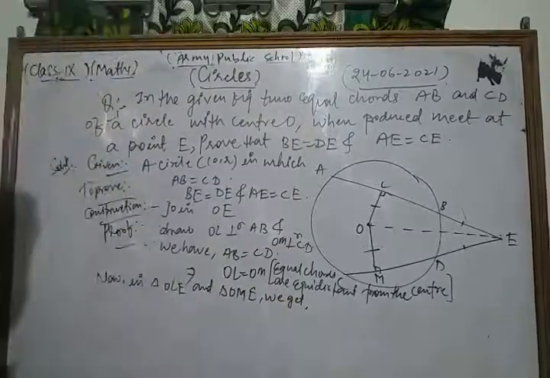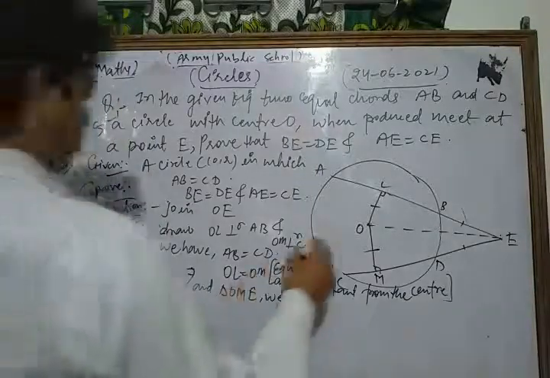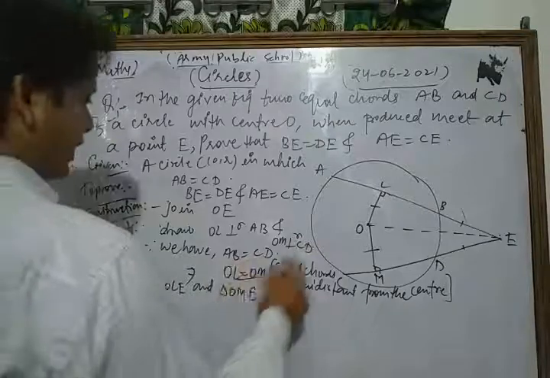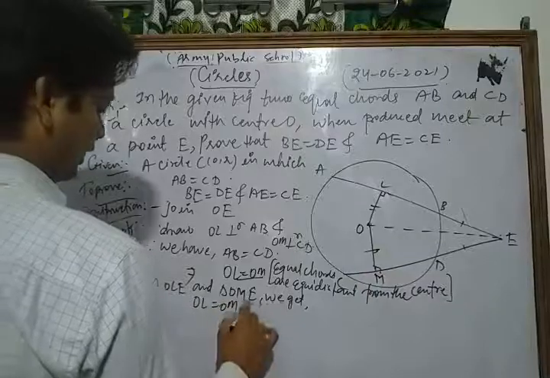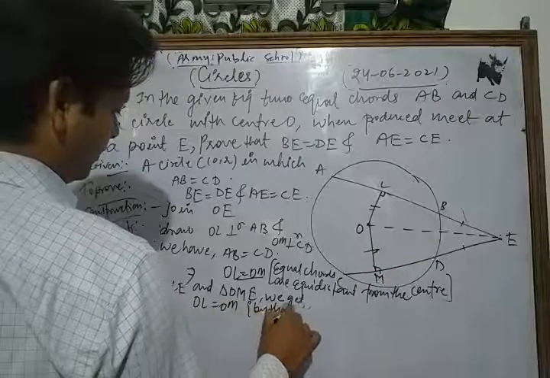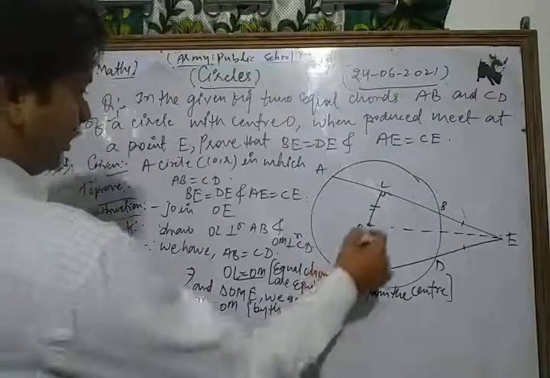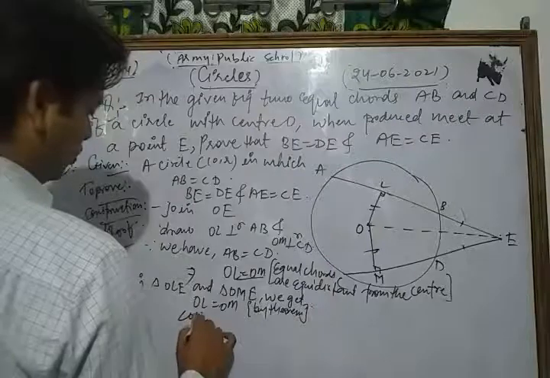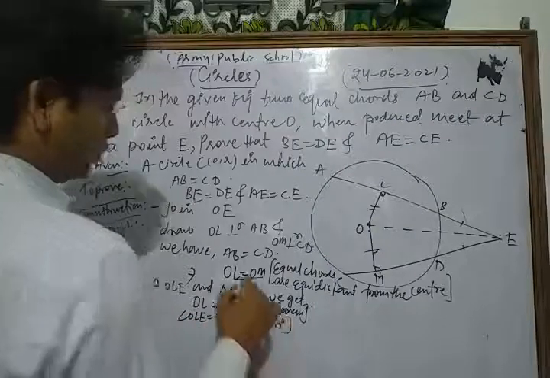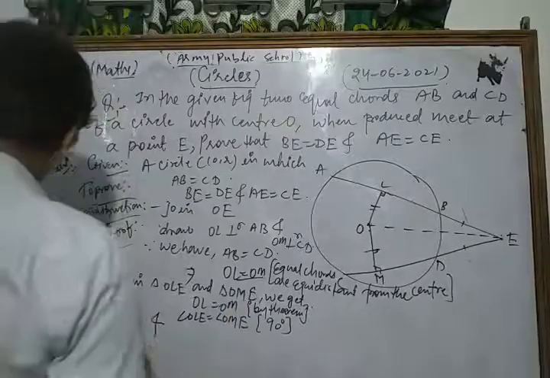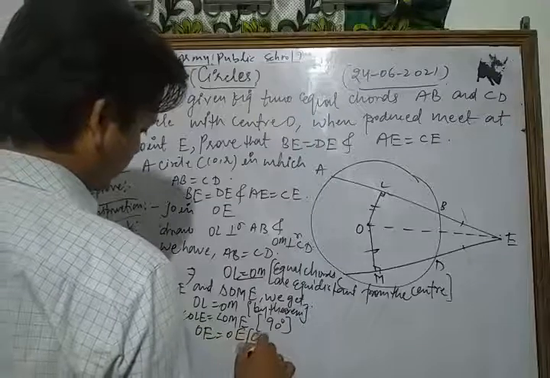OL is equal to OM, by the theorem. OE is common, so OE is equal to OE. And angle OLE is equal to angle OME, each equal to 90 degrees.